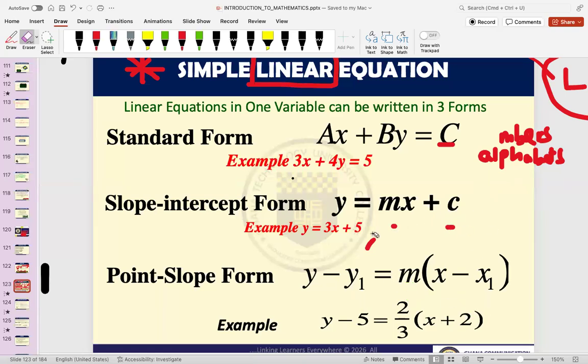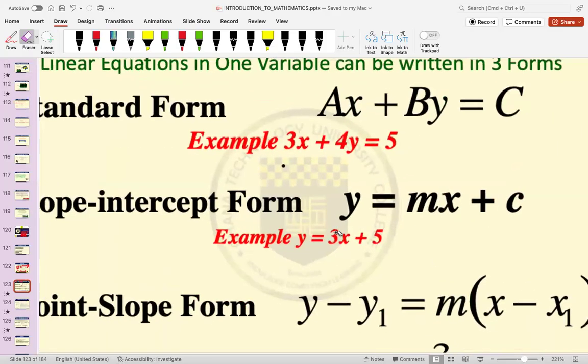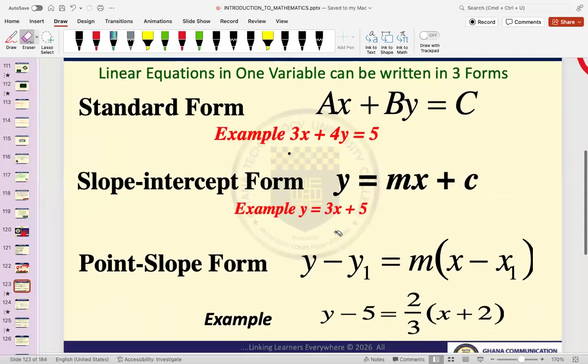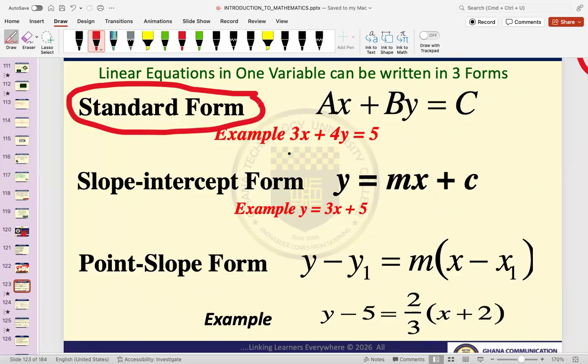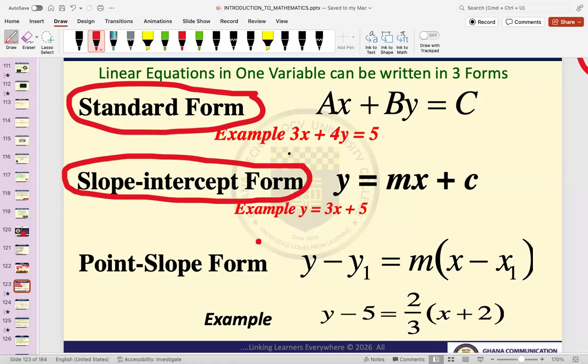They are different in form, but they are all simple linear equations. And I want you to look at them one more time and compare with what I've said, that in simple linear equation, you can either have a standard form, or you can have a slope intercept form, or you can have a point slope form.